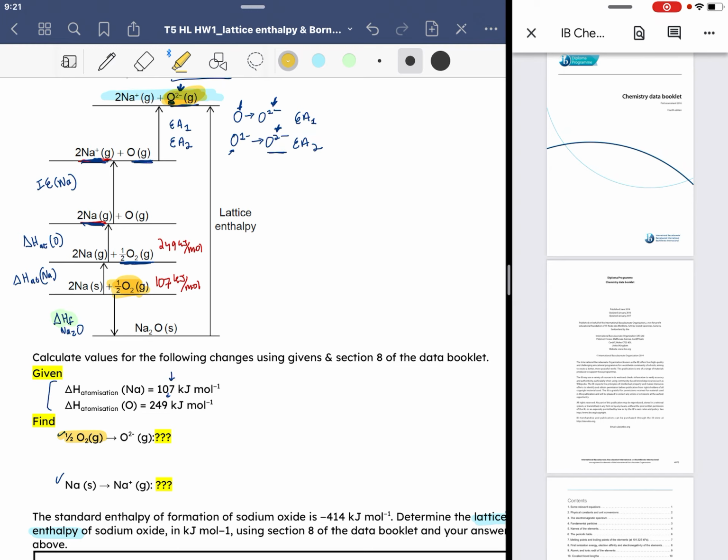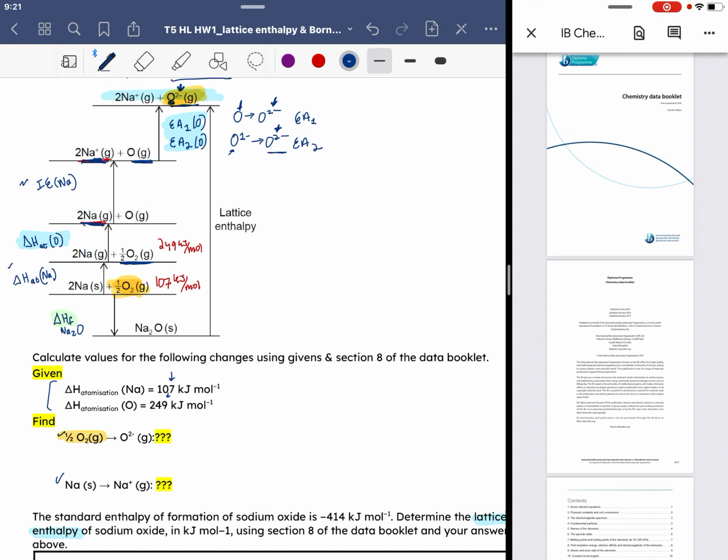Let's see. I have delta H of atomization. That was one of the oxygen things. And then I also had the electron affinities for oxygen. Those were the only steps in this process that involved oxygen, right? Because the other steps I had involved sodium.